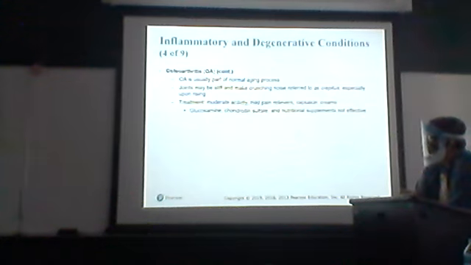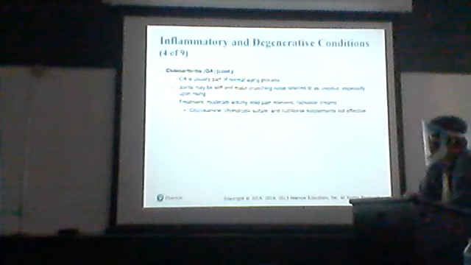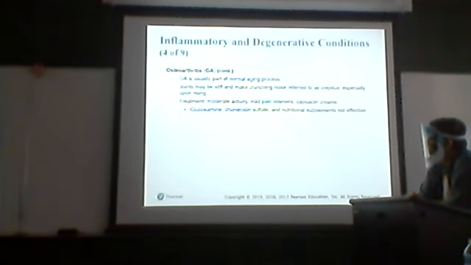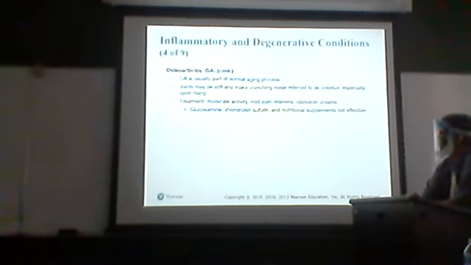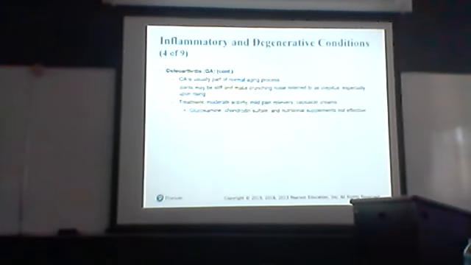You take pain relievers so you can still get around. There are capsaicin creams, pepper creams that you can apply directly to the joint. You can also take supplements like glucosamine and chondroitin, things like that. They don't really help. A lot of people think they do, but they don't.